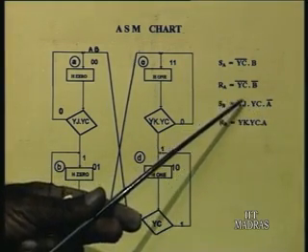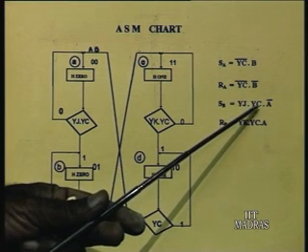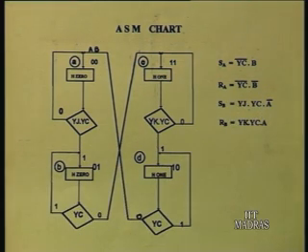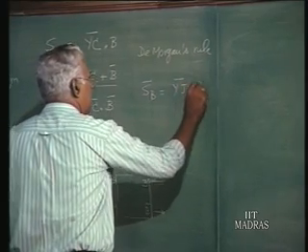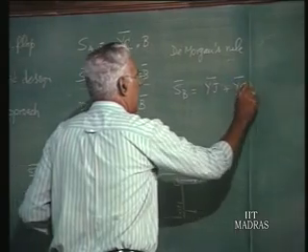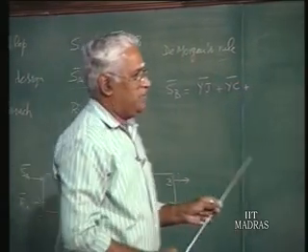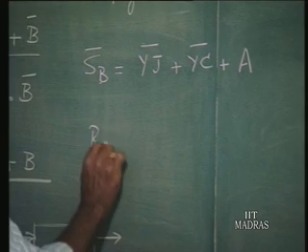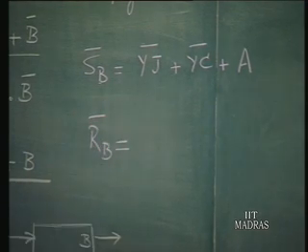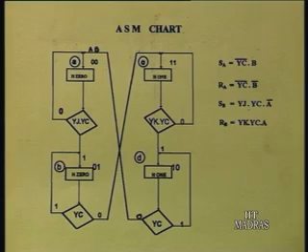So, S B bar will be Yj bar or Yc bar or A. Similarly, R B bar: what is R B?